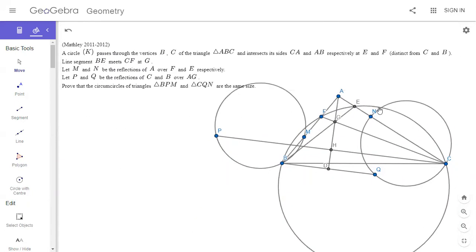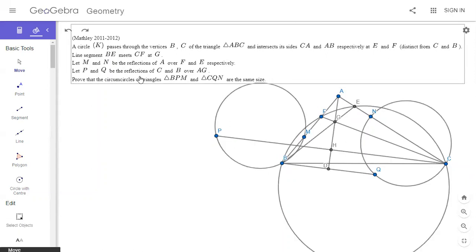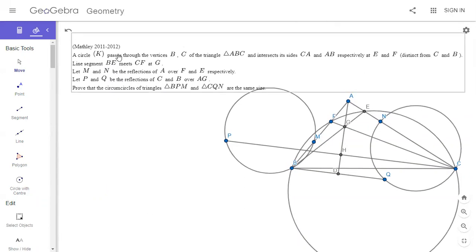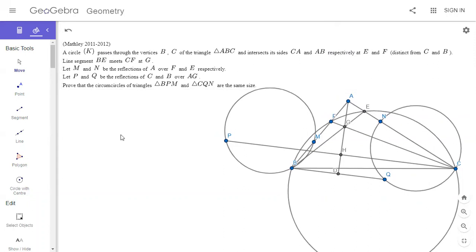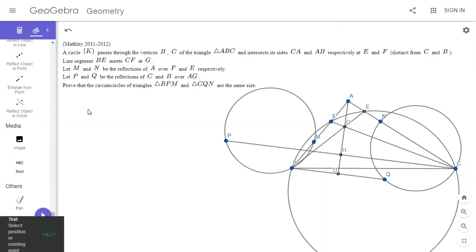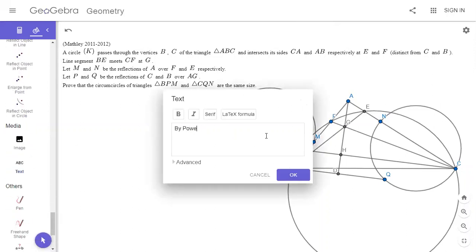Okay, so first we want to show BFEC is cyclic. And that's true by power of a point. We know BFEC is cyclic. We want to show BMNC is cyclic. So, AF times AB is equal to AE times AC.